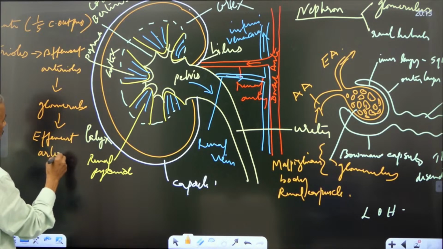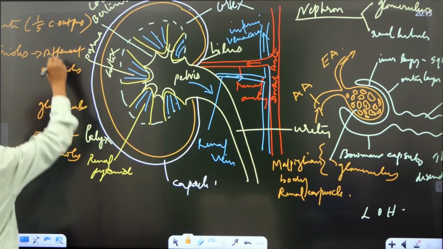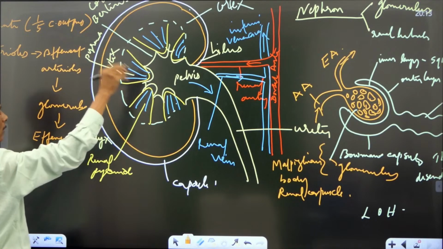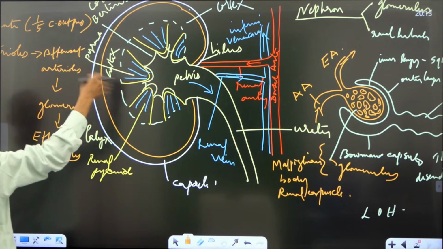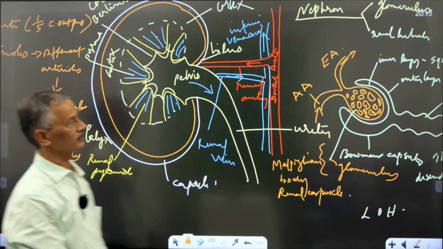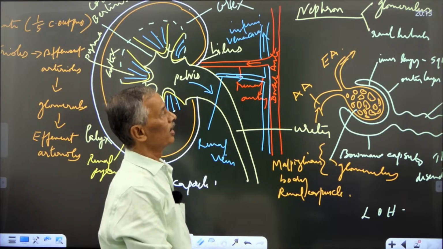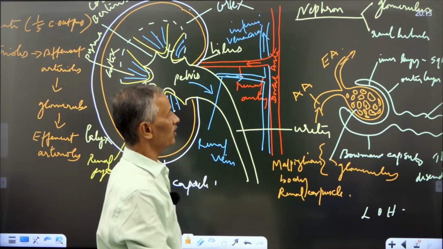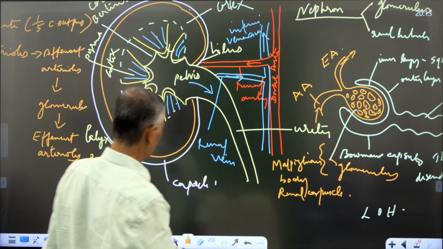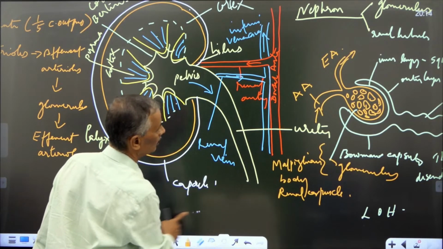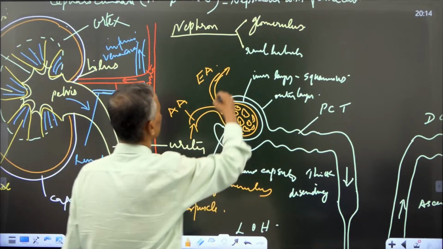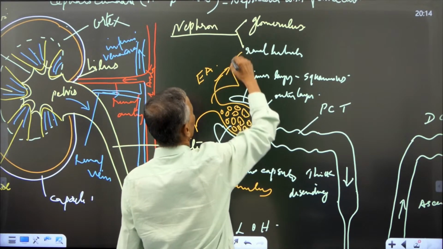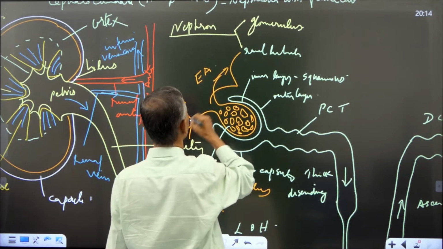So afferent brings blood to the glomerulus, efferent takes away. Now, this efferent arteriole, after coming out of the Bowman's capsule, again branches.